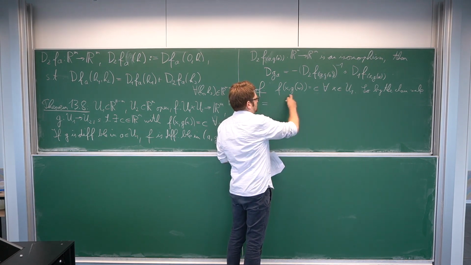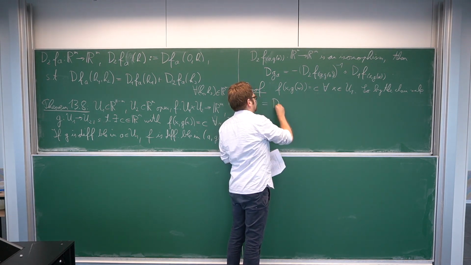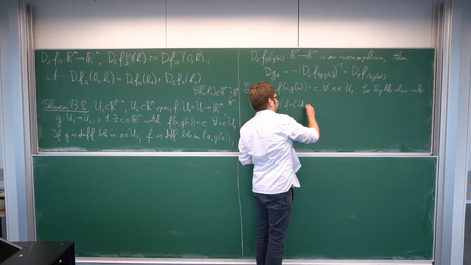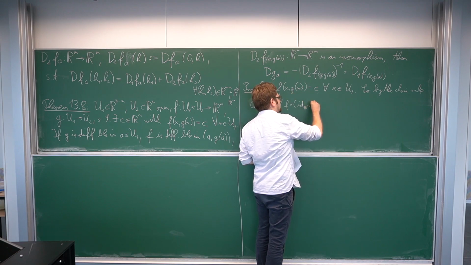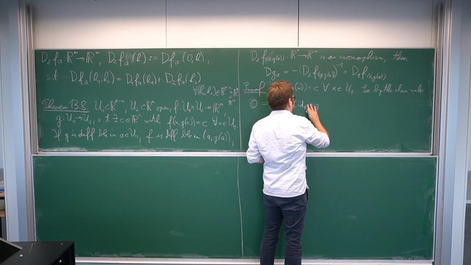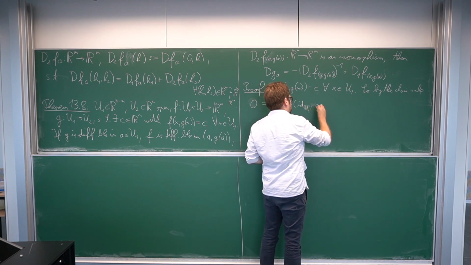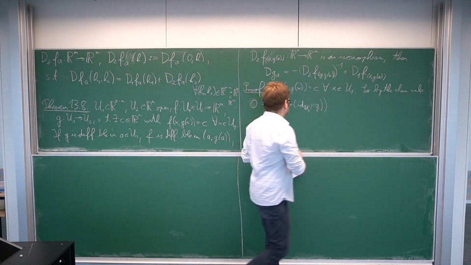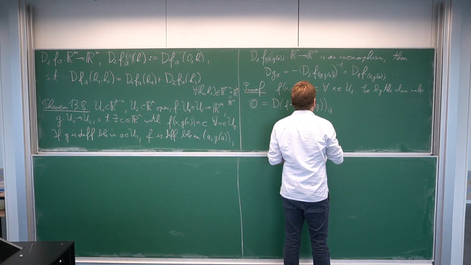This is now the differential of this here, and this can be written as a composition. Namely, this is the same as f composed with the map which is the identity in the first component, so the identity on U1, and then g. And to differentiate this, this is the derivative of this in a.